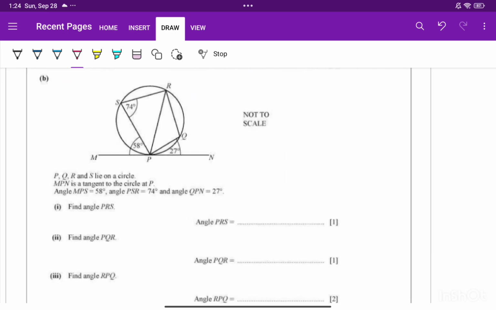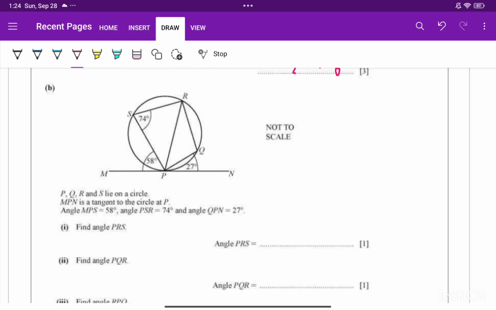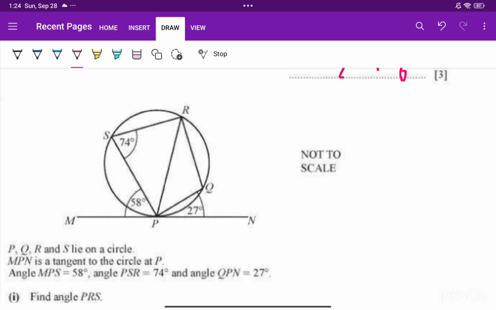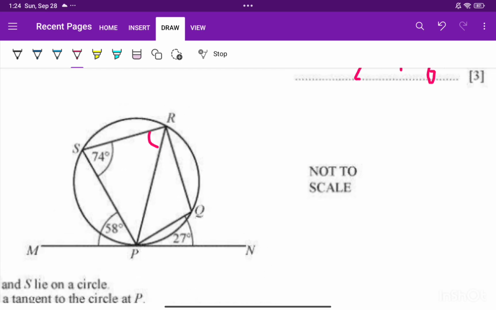P, Q, R, S lie on a circle. MPN is tangent to the circle at P. Angle MPS is equal to 58. Angle PSR is equal to 74. Angle OPN is equal to 27. So straight away we can tell that this angle will be 58 degree.